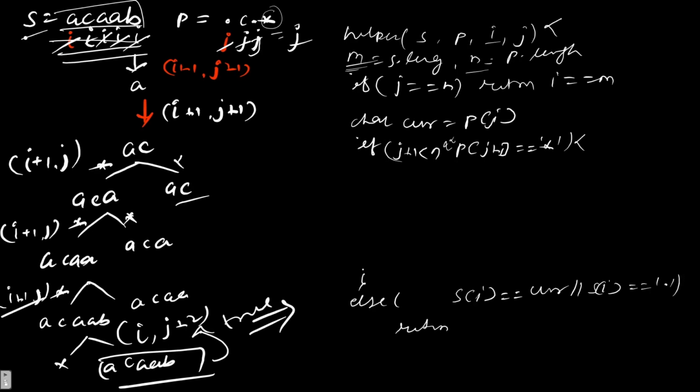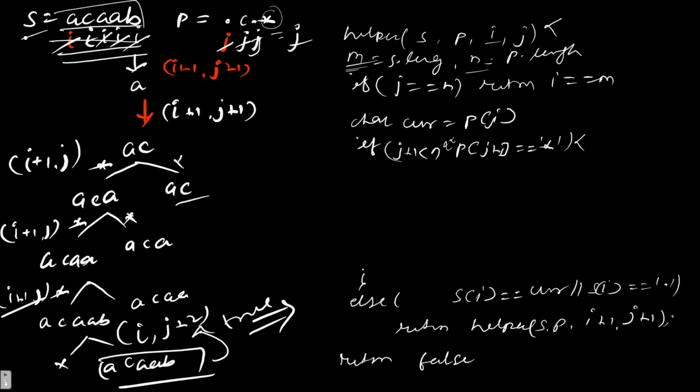What we have to return, let's check. In this case you can see that we are returning I plus 1 and j plus 1. So obviously helper of s, p, I plus 1, j plus 1. Okay, and if none of the cases is satisfied, then we have to return false.